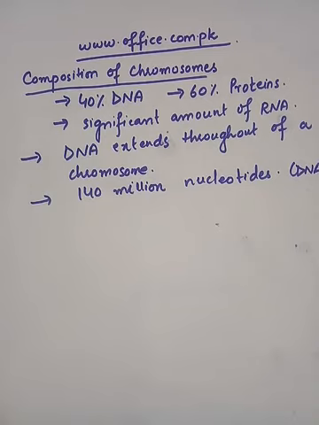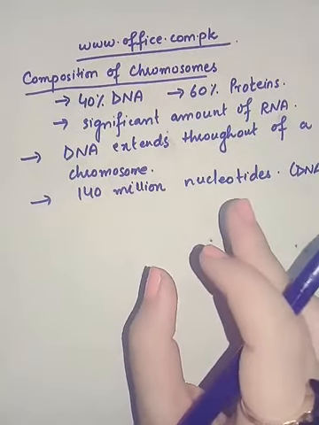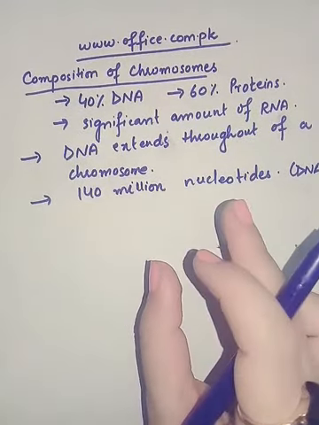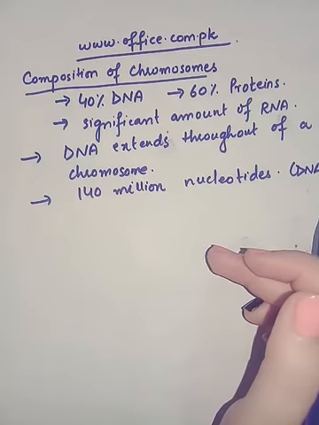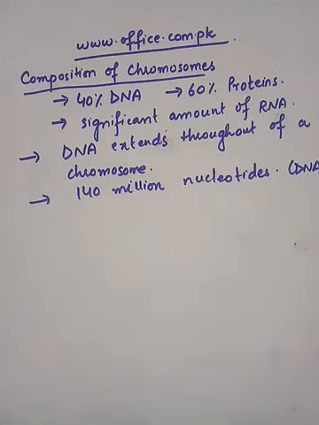So the presence of a very large molecule in a very small space is indeed a big marvel of nature, and that is only one of 46 chromosomes. If you multiply this huge information by 46, you can imagine how much information is made to fit into a small space.